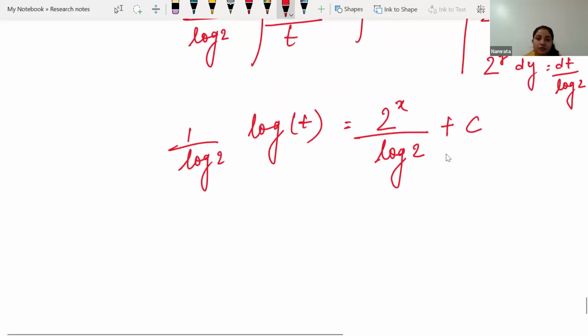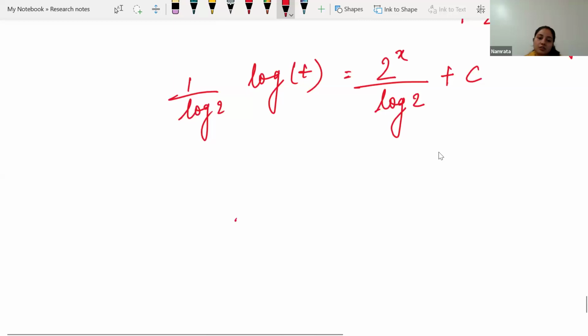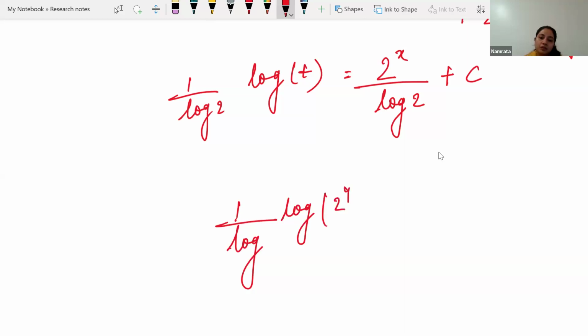Okay, so what are we going to have? t is what? t is 2 to the power y minus 1. So 1 by log 2 times log of 2 to the power y minus 1 is equal to 2 to the power x by log 2 plus c.